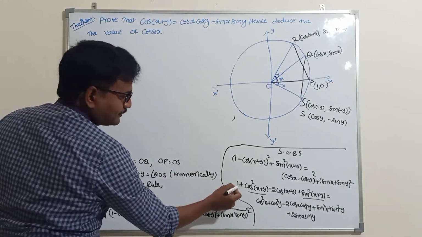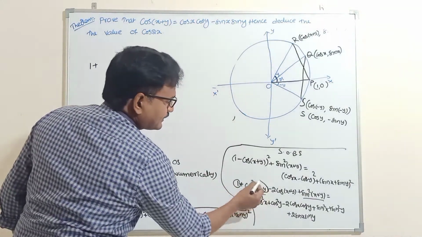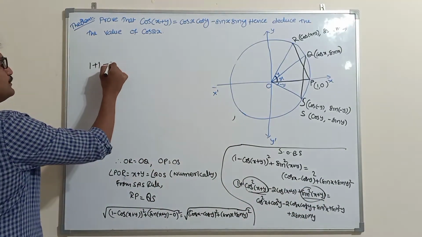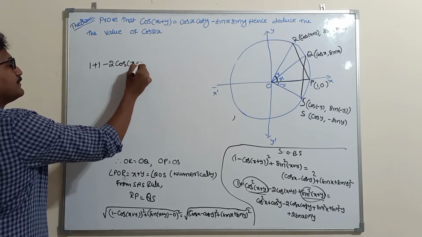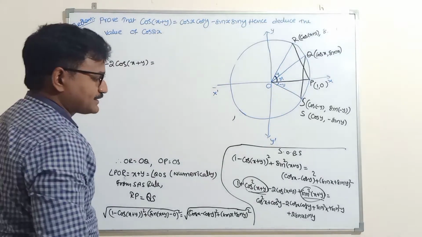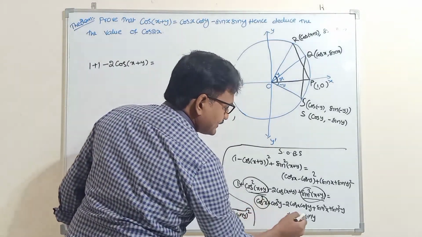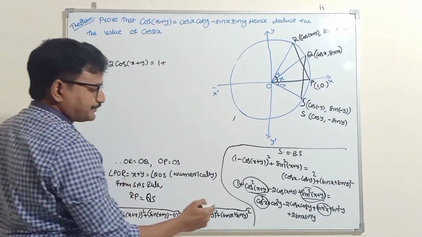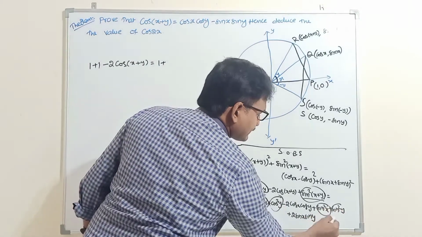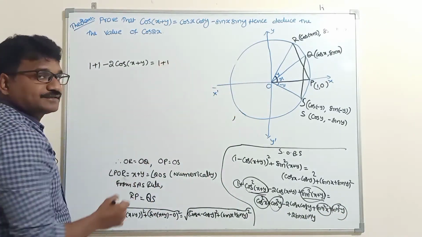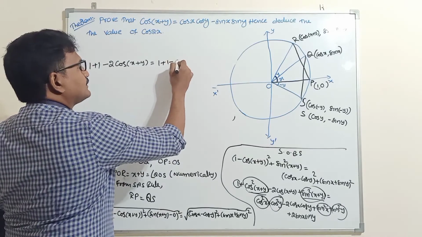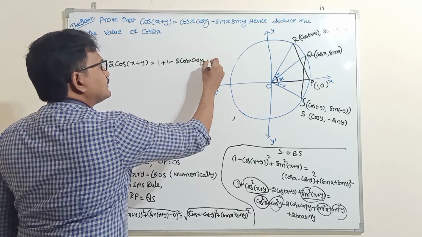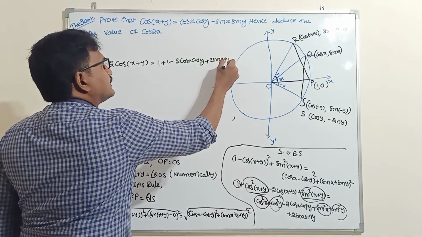So 1 plus 1 minus 2 cos of (x plus y) is equal to, on the right hand side, cos square x plus sin square x, whose value is 1, plus cos square y plus sin square y, whose value is again 1, minus 2 cos x cos y plus 2 sin x sin y.